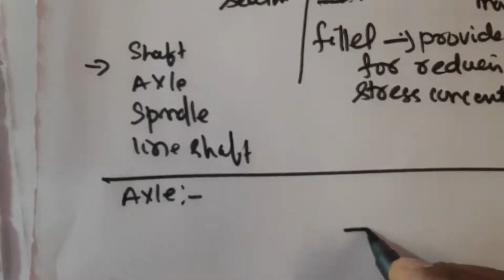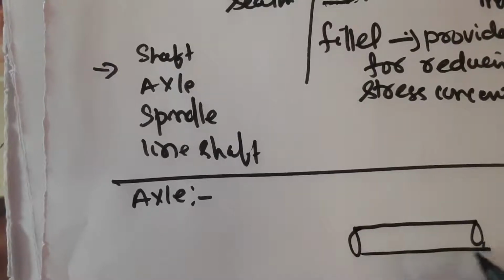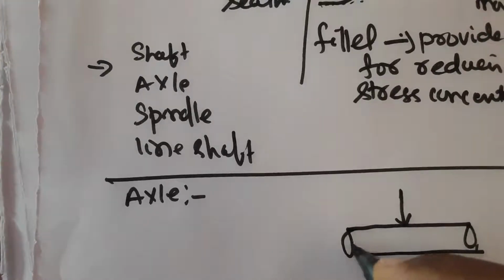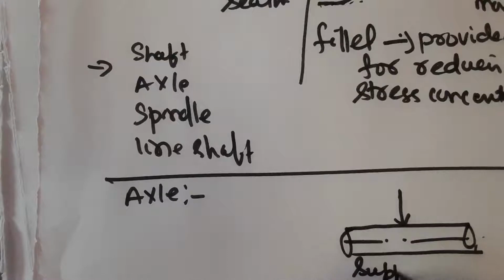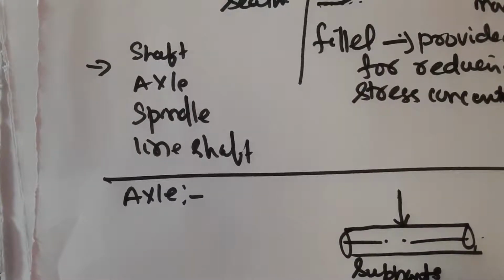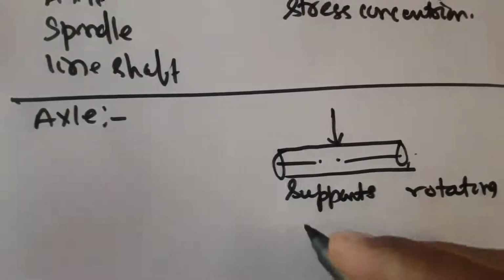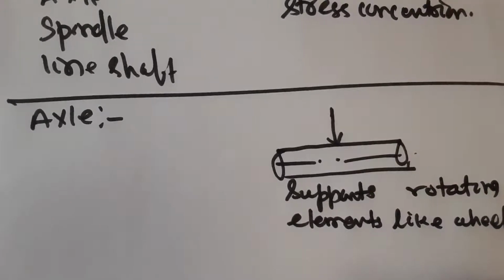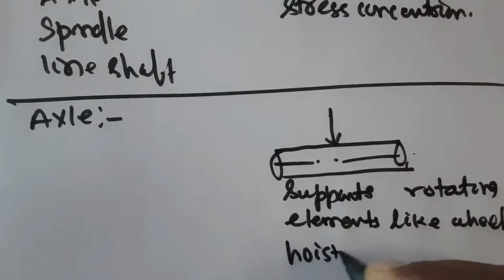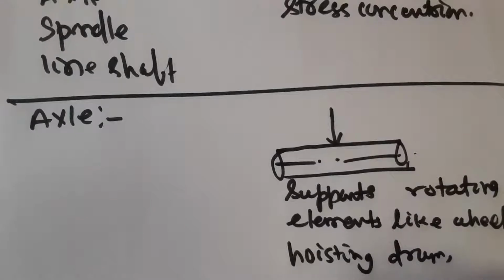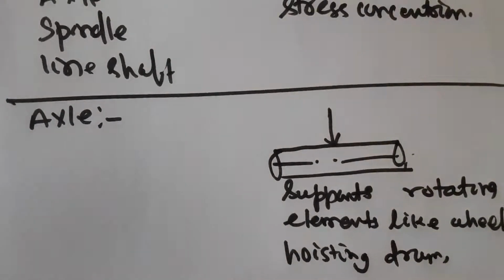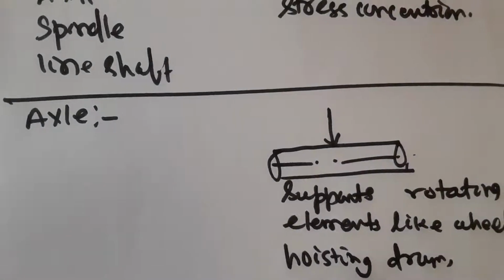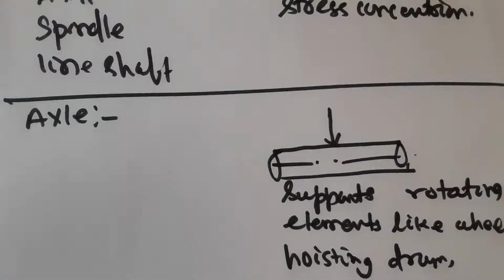So it is basically a member that supports rotating elements like wheels, hoisting drums, rope sleeves, and these drums and wheels are fitted to the shaft.